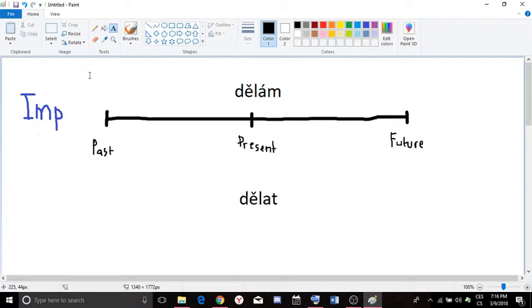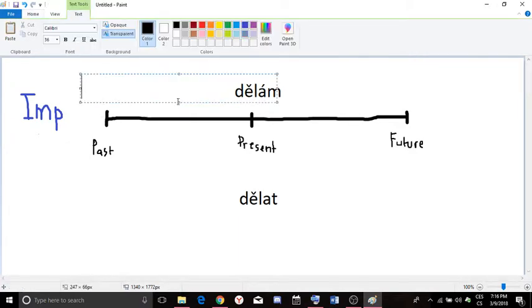Let's look at what it would look like in the past. In the past, and I'm going to conjugate this as myself again, so feminine. The past is the only one of the three tenses which shows gender. So the past shows that you are either female, male, or neuter. Neuter does not mean neutral. Neuter means object.